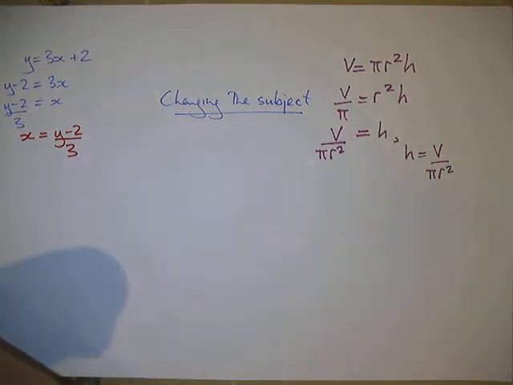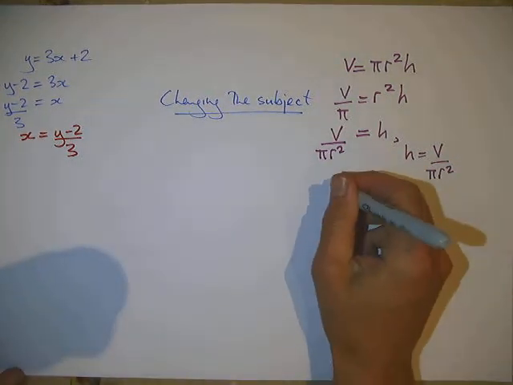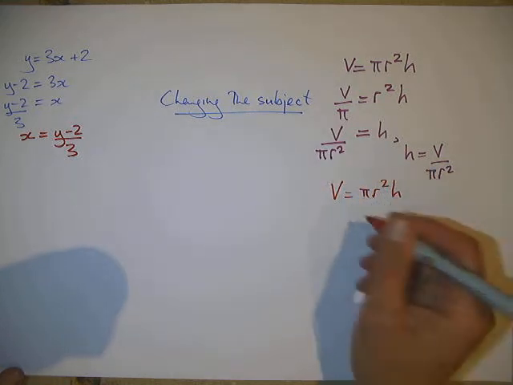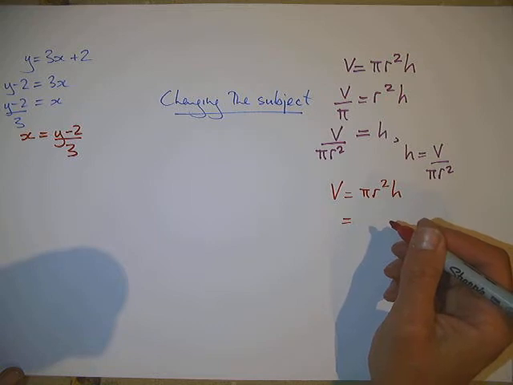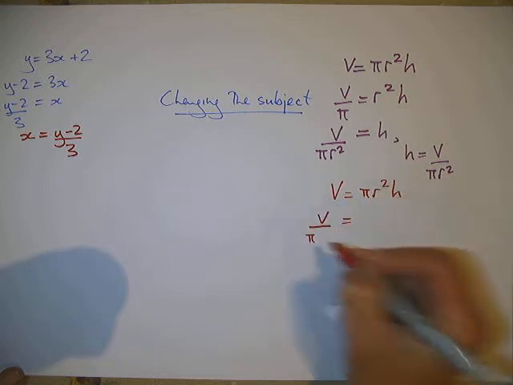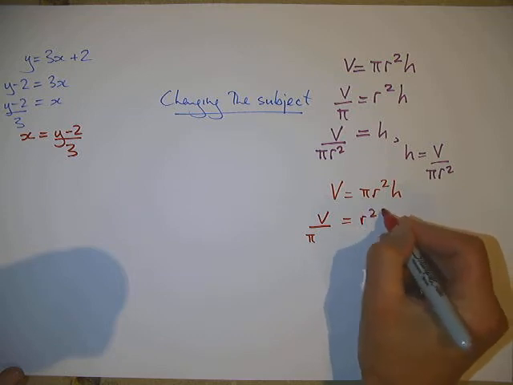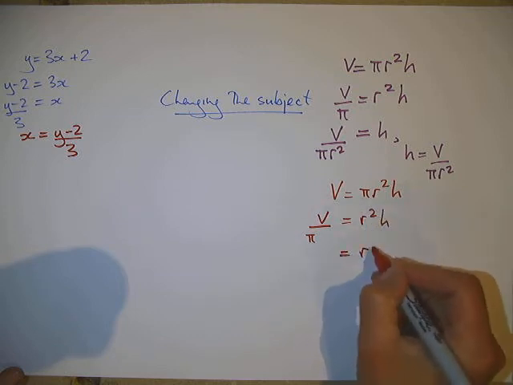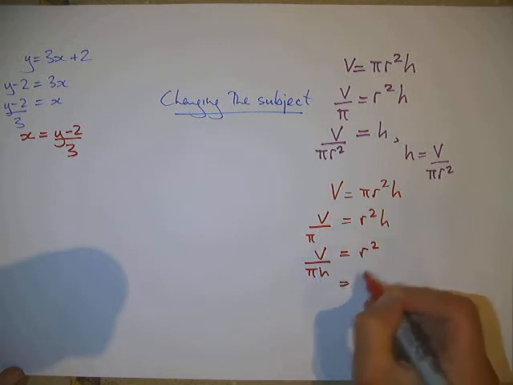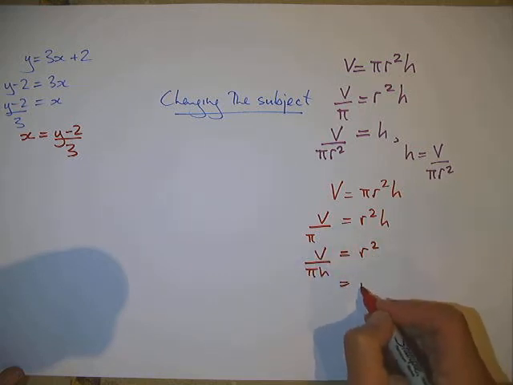I could instead start with the same thing, and divide by pi, then divide by h. Then I could find a square root.